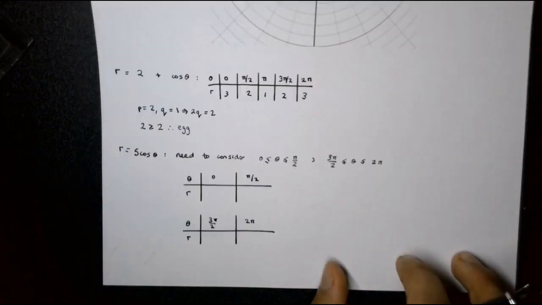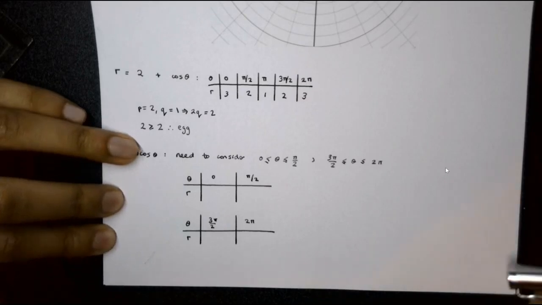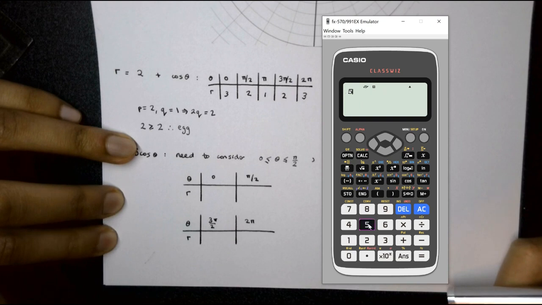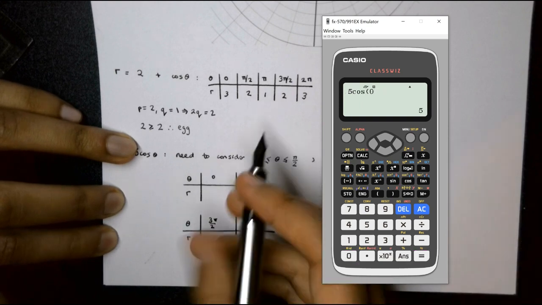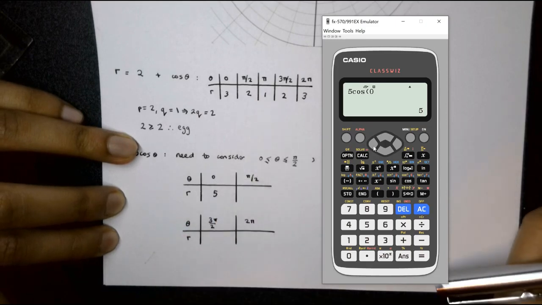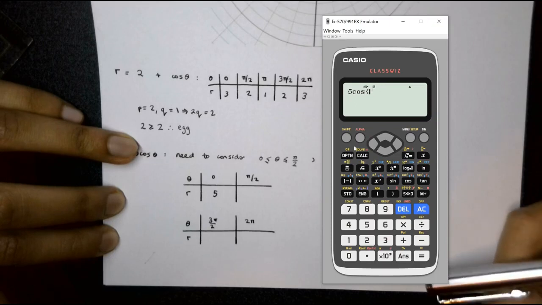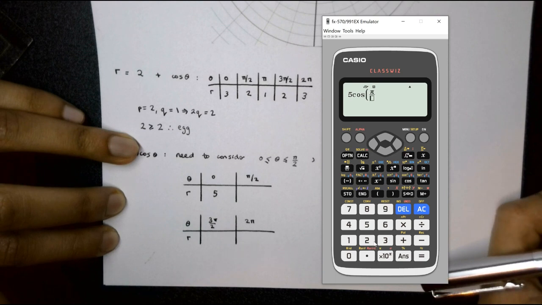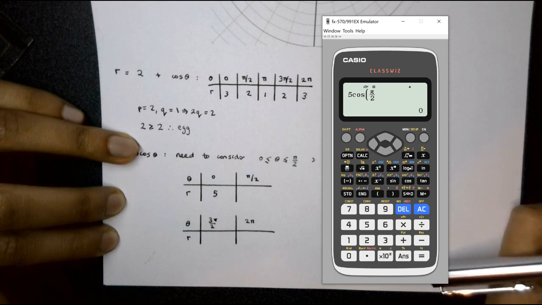So I've drawn the two tables, and if we go to our calculator, we've got 5 cos of 0, that's equal to 5. And then we've got 5 cos of pi over 2, that's equal to 0.